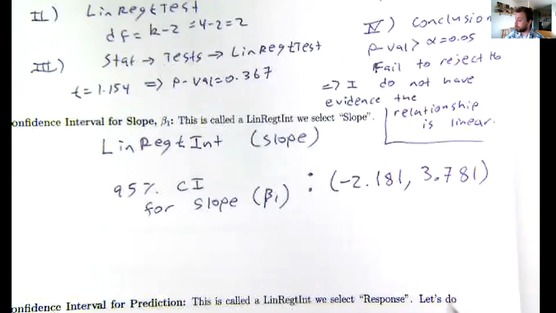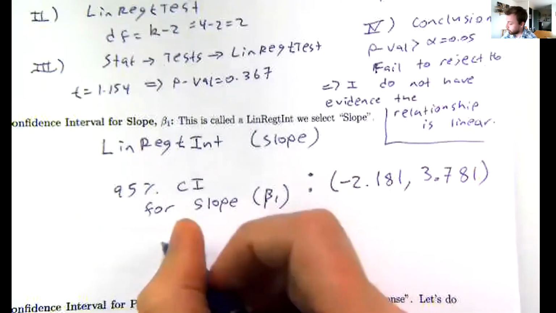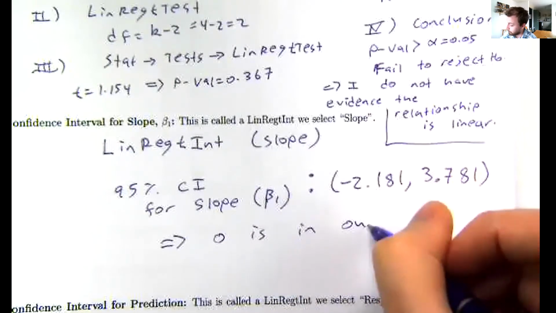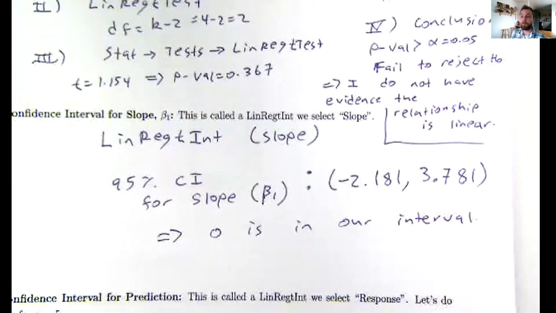So I have both negatives and positives to my interval. In other words, 0 is in our interval. And when 0 is in our interval, when we're comparing groups, that tells us that the results are inconclusive.